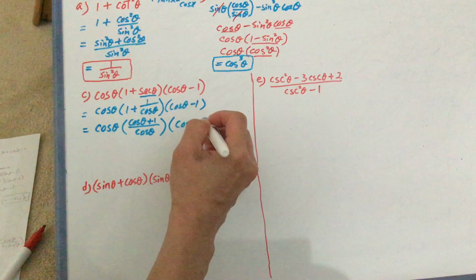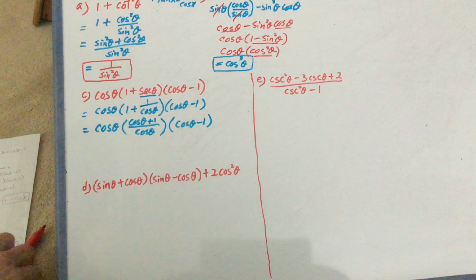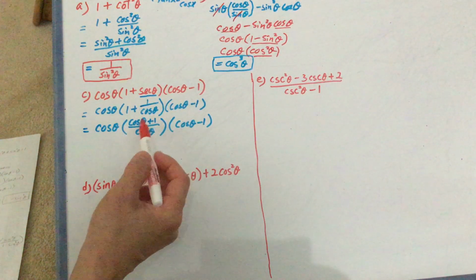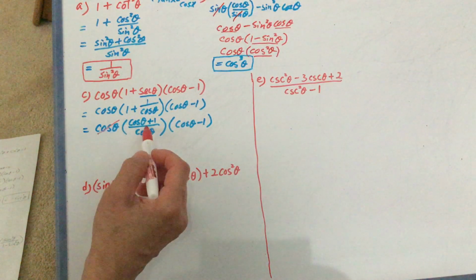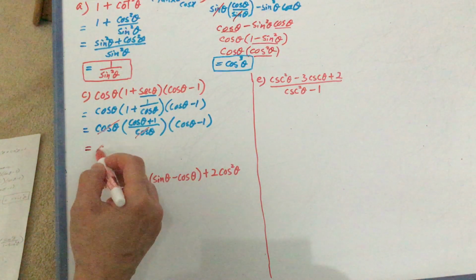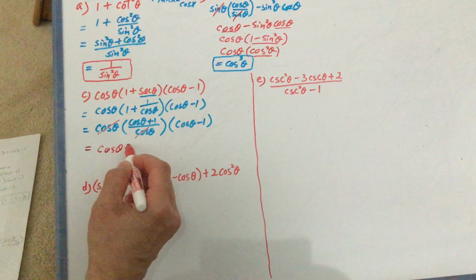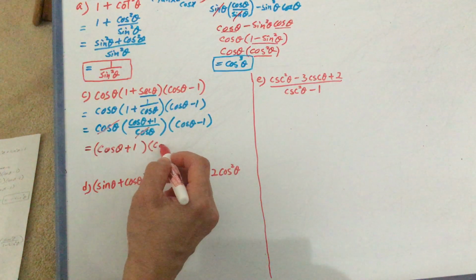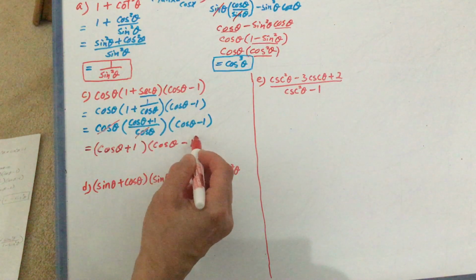The second bracket remains the same. Now, after I change that into a fraction, I know that I can reduce that. So what is left is basically cos theta plus 1 times cos theta minus 1.